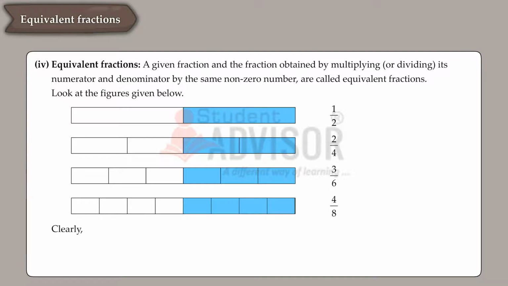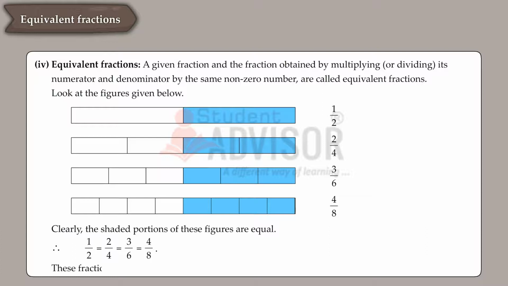Clearly, the shaded portions of these figures are equal. Therefore, 1 by 2 is equal to 2 by 4 is equal to 3 by 6 is equal to 4 by 8. These fractions are called equivalent fractions.